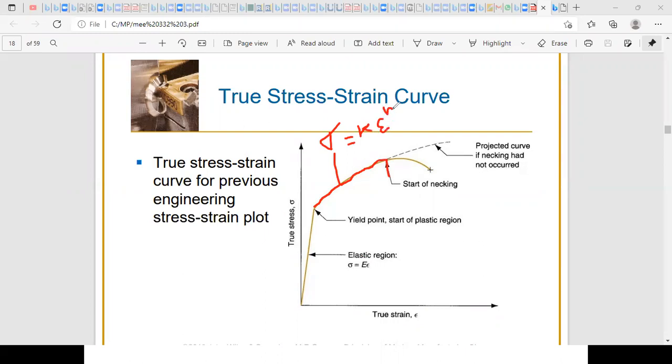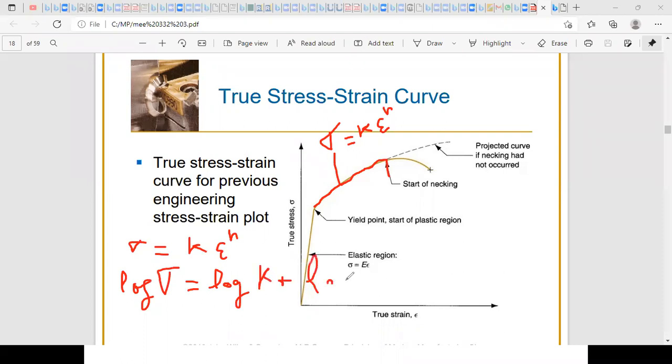And we can verify this by just plotting the graph on a logarithmic scale. Because if we start from this relation, sigma equal to k times epsilon^n, and we apply ln or log to both sides, then we can get that log of sigma is equal to log of k plus log epsilon to the power n.